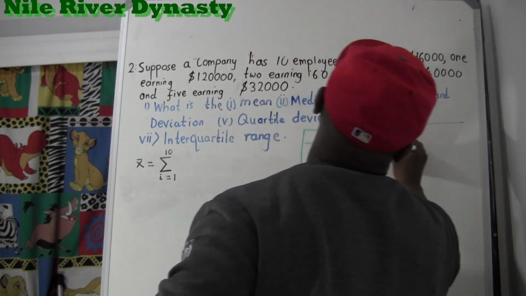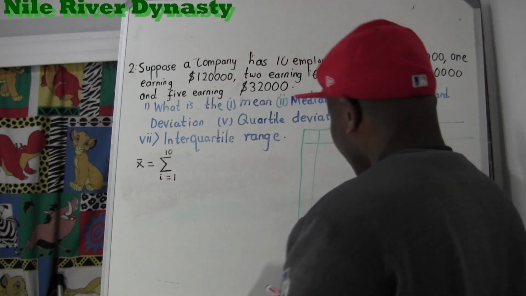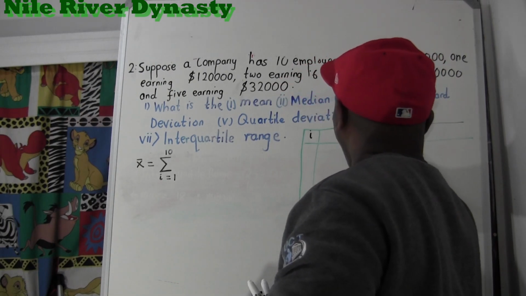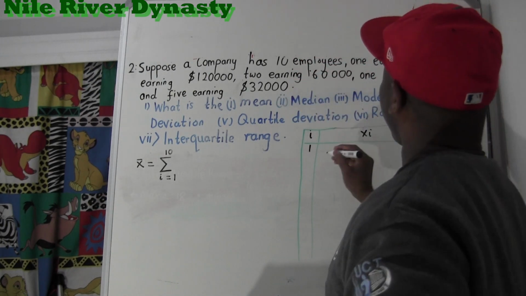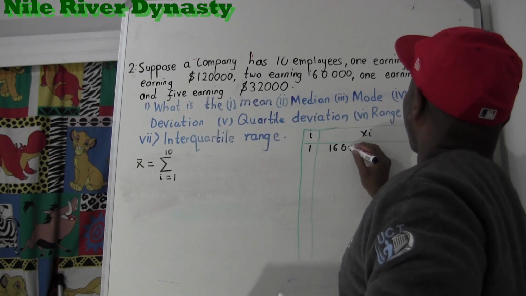So the data, you call these i, and these are xi, meaning the face data. What is the face data? Let's say the first employee earns 1,000. Okay, cool, that's the first one.